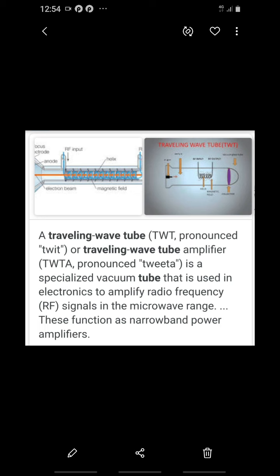Operation: the electron gun produces an electron beam that travels through the center of the helix without touching the helix.